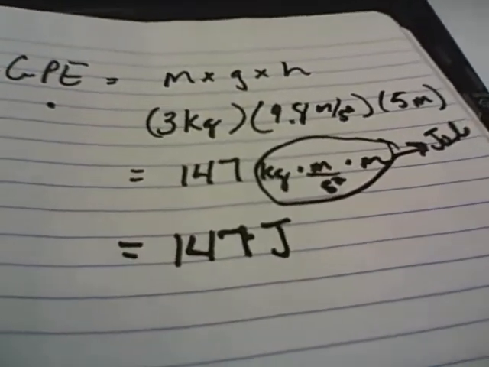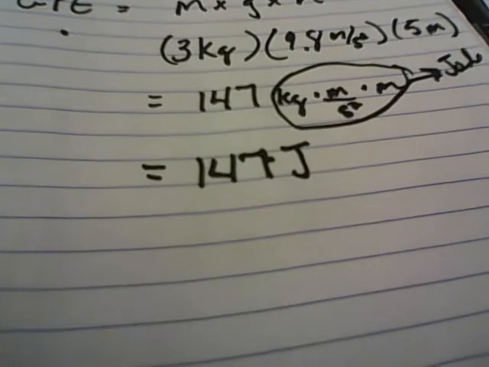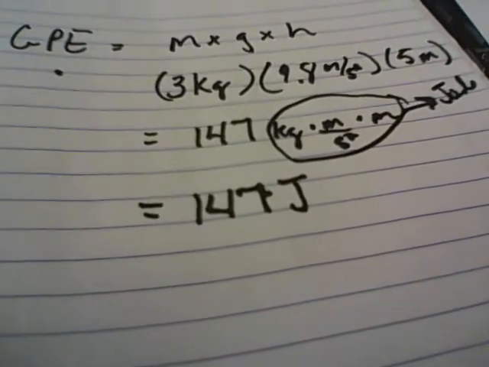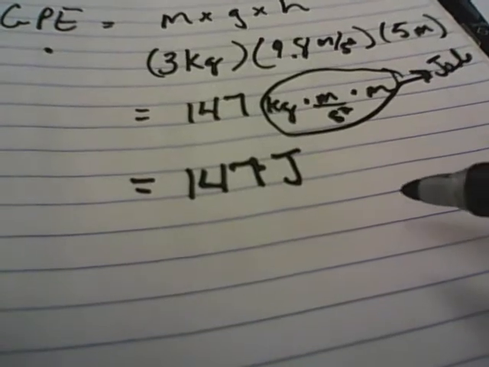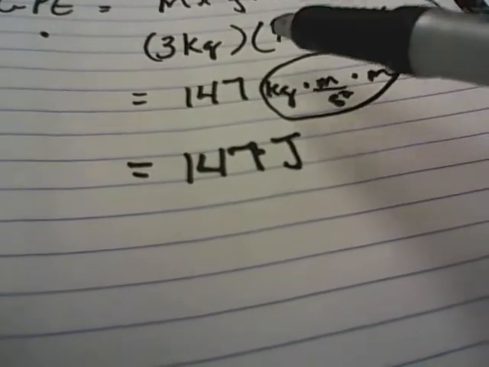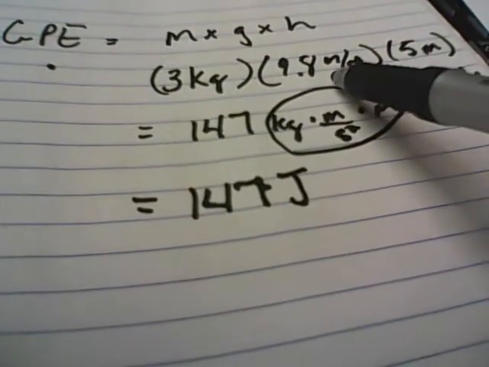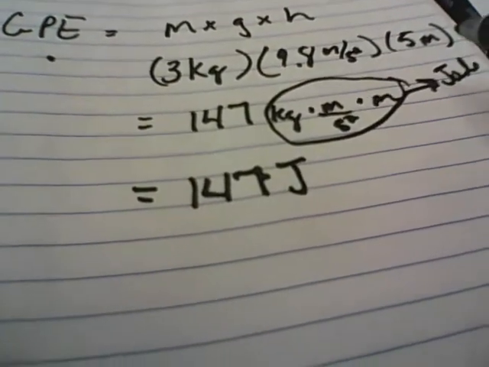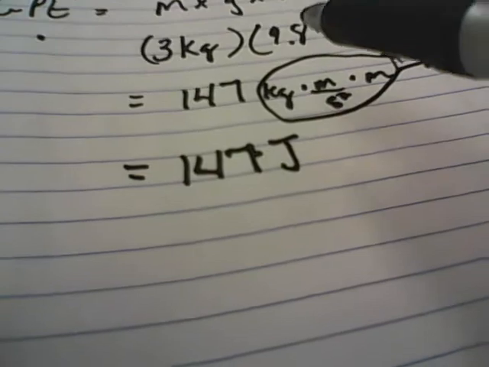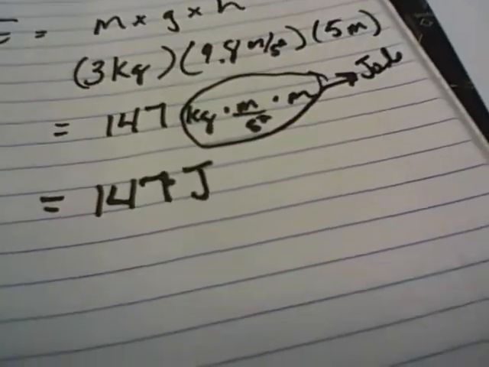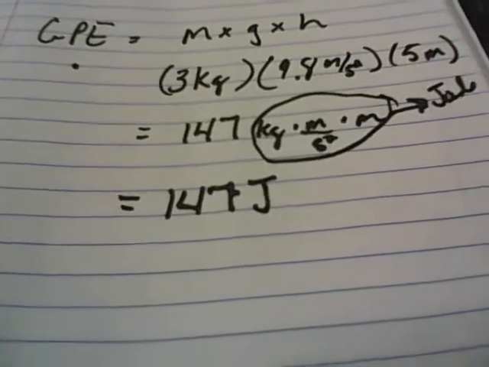Now, what I want to point out on my exam is that you may end up with answer choices that take into account that you missed multiplying by 9.8, or that you missed the height, or that you missed the math. So you really have to be careful when you're doing the problems, because I can be tricky, yes.